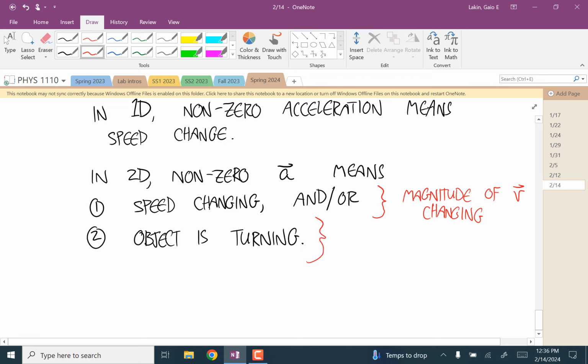But the velocity is also changing if just its direction is changing. And that's when this object is turning.